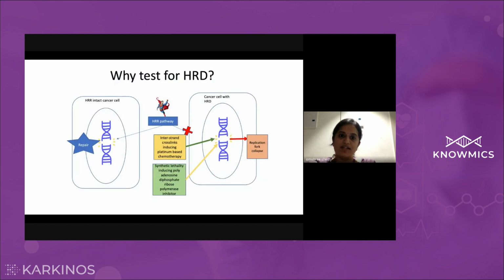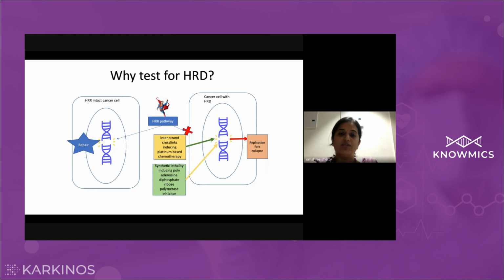Why is it so important, given that the cell is dying its own death anyway? Why do we need to explore this mechanism so intensely? When the homologous recombination repair is intact in cancer cells, even if breaks are induced, they get repaired and the cells proliferate and grow, going about on their own.